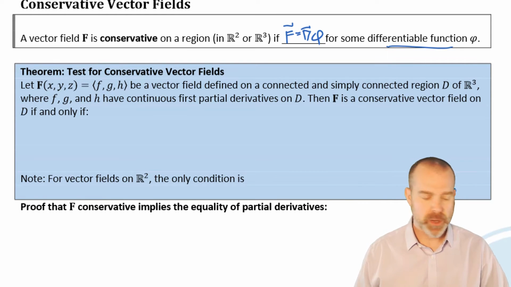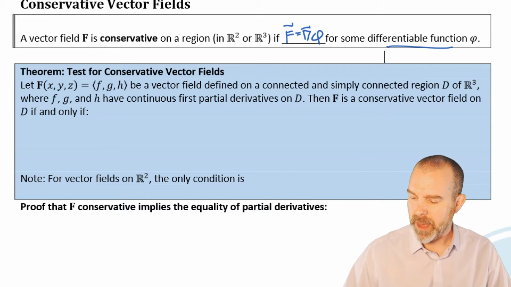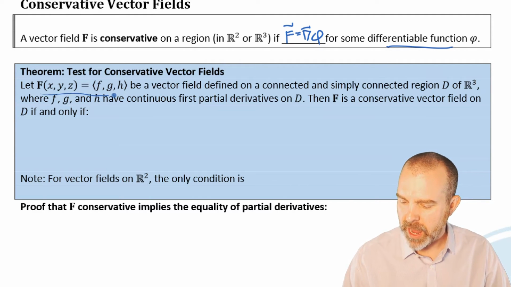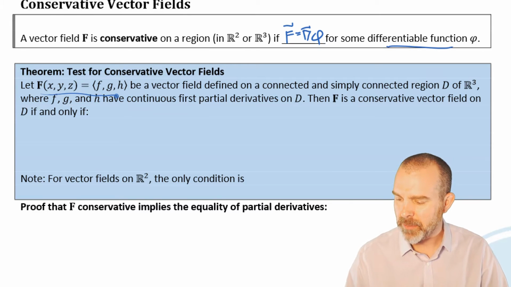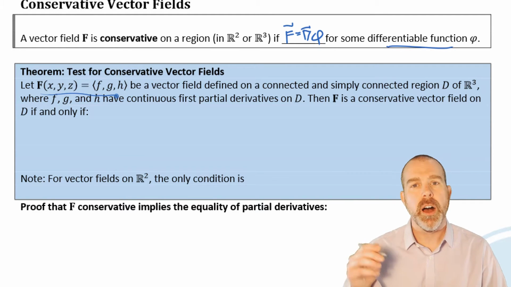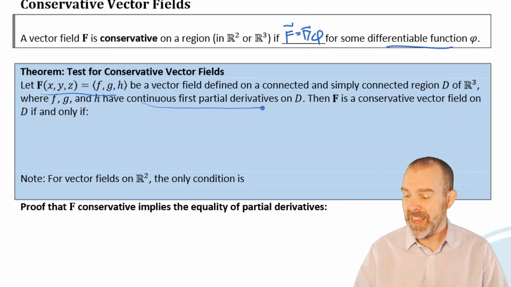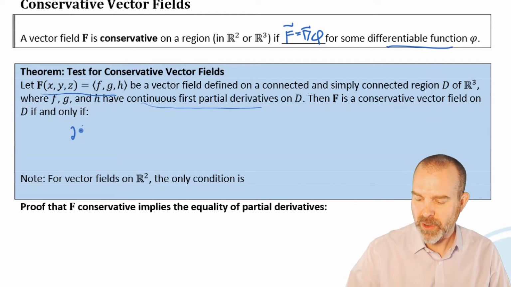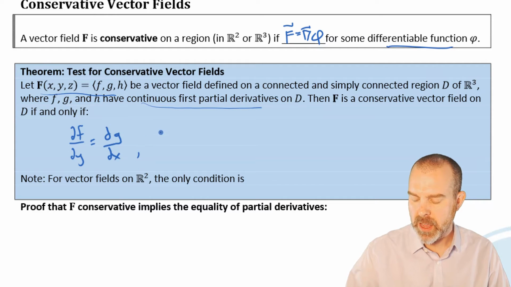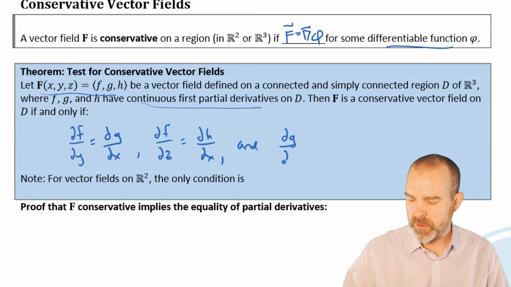This first theorem, we're going to prove it. We'll prove the two-dimensional version. But if we have a vector field on a connected and simply connected region, and all of the components f, g, and h have continuous first partial derivatives, then it's a conservative vector field if and only if the partial derivative of f with respect to y equals the partial derivative of g with respect to x, the partial derivative of f with respect to z equals the partial derivative of h with respect to x, and the partial derivative of g with respect to z equals the partial derivative of h with respect to y.